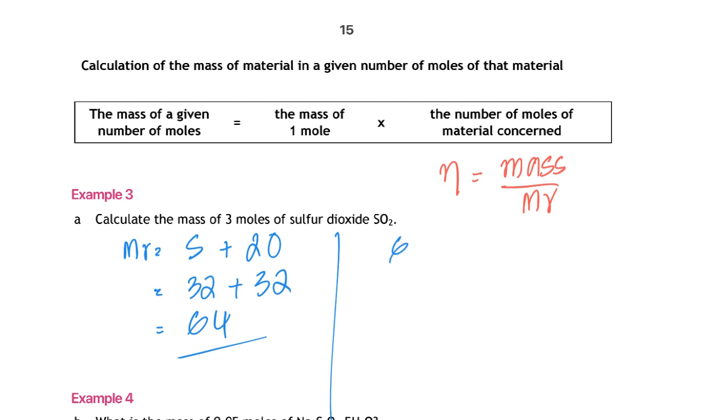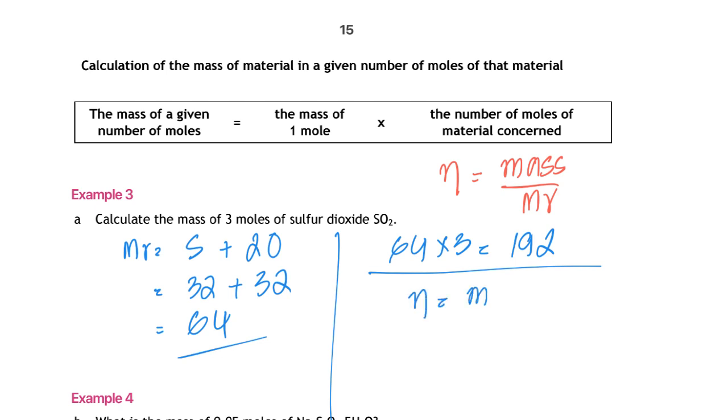So 64 times 3 is 60 times 3 is 180 plus 4 plus 4 plus 4 is 188, 192. 192.